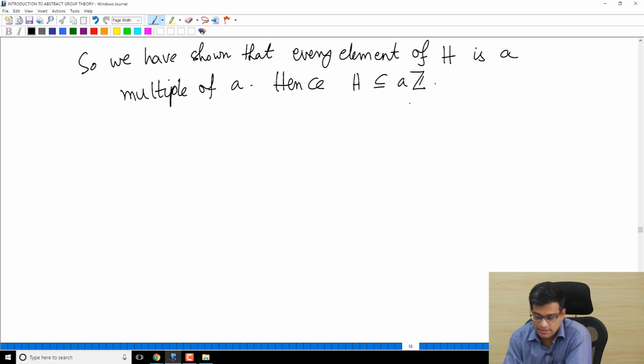Remember, AZ is the set of all multiples of A. Every element of H is a multiple of A, so H is contained in AZ.